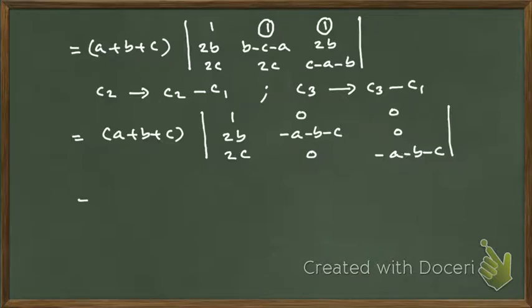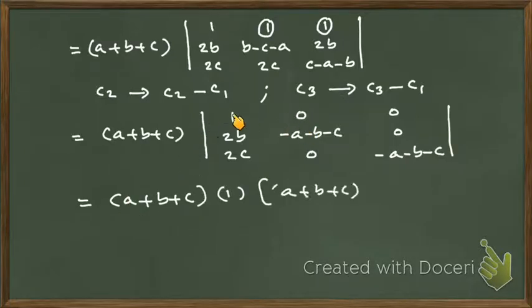And then we will expand it using the first row. So when you expand it, A plus B plus C into 1 into, that's delete the row. How do you expand it? You delete the row and the column it contains. So 1 into cross multiply, 1 into its minus. So it's only between these four elements. Cross multiply, minus of A plus B plus C into minus of A plus B plus C is A plus B plus C the whole square.